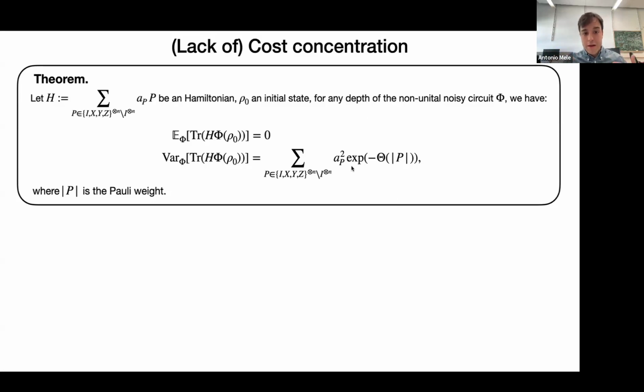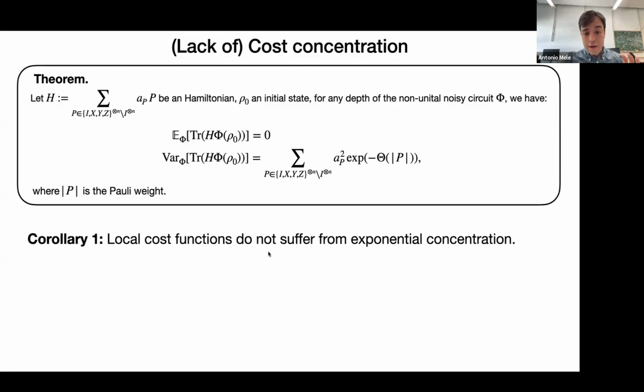For example, Z has Pauli weight 1, because only Z is non-identity. From this, it follows that local cost functions do not suffer from exponential concentration. For example, Z1. Here I define a local cost function as a cost function associated with a local Pauli, where a local Pauli has Pauli weight 1, for example.